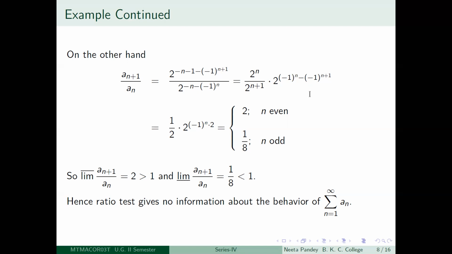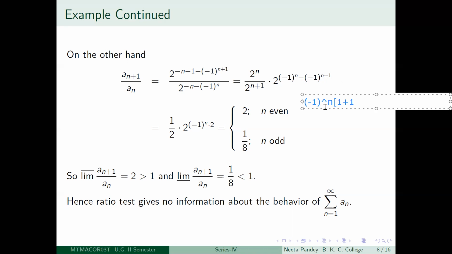So let me at least write this. So I have this thing. I'm looking at minus 1 to the power n. I'm taking that common. So if I take that common, I get 1 minus, and here you have minus 1 to the power n into minus 1. So if you just take minus 1 to the power n common, you get minus of minus 1 to the power 1. So you just get plus 1. Am I correct or not?